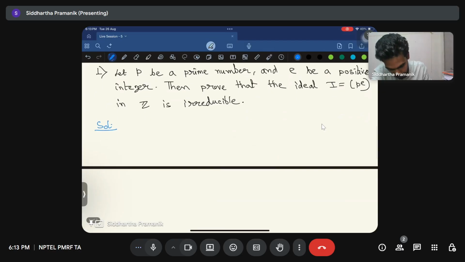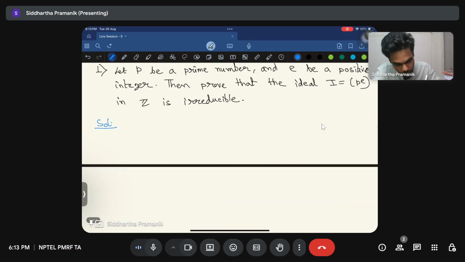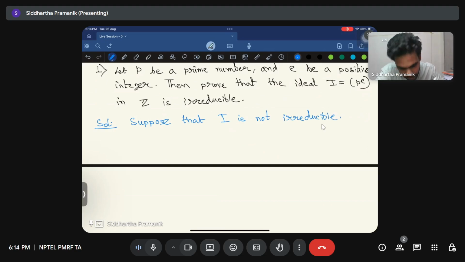So let's solve this. Suppose that I is not irreducible. What does this mean? Then I can be written as an intersection of two bigger proper ideals.